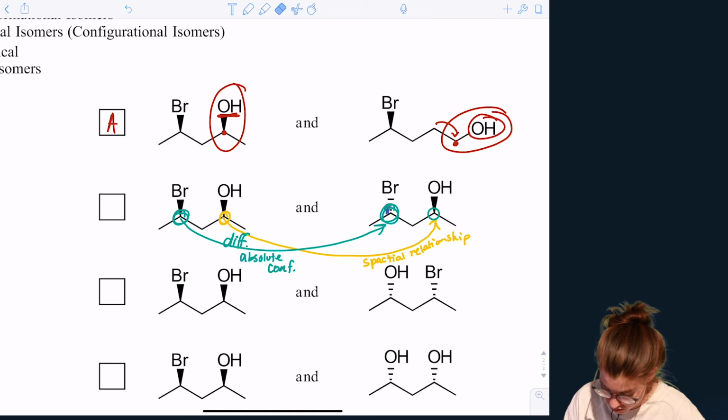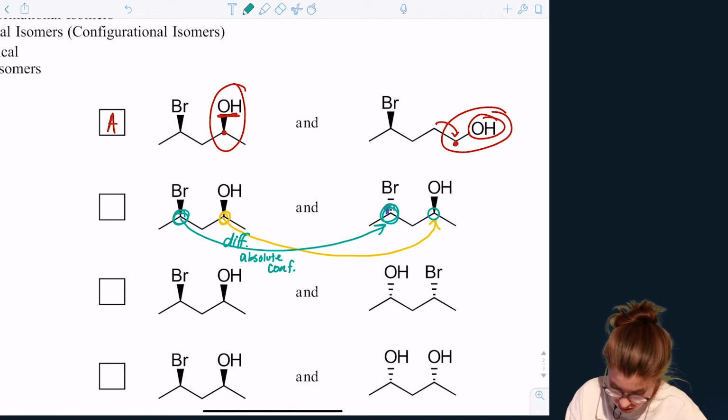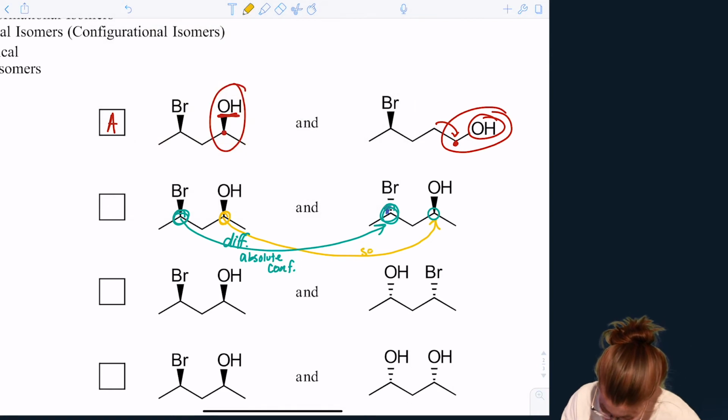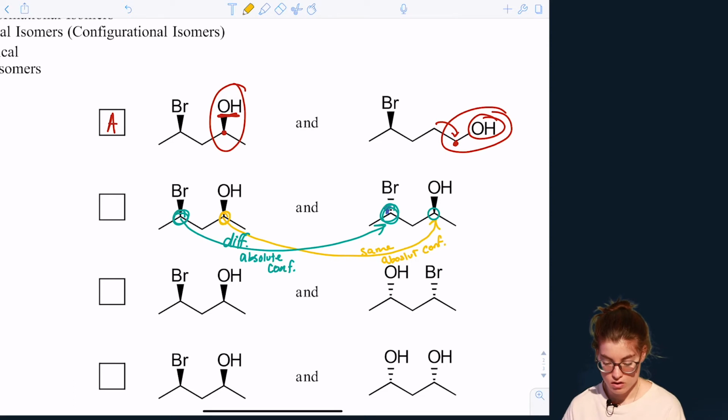Whereas in the yellow, it was the same. In fact, I'll write that instead. Same absolute configuration. Okay. So what do we have here? Well, they aren't identical because they aren't the same at both chiral points.